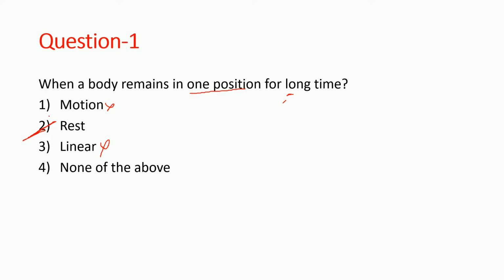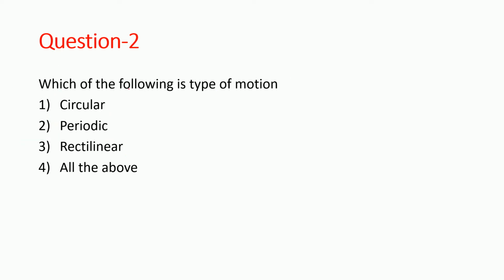Next question, which of the following is a type of motion? Circular motion is one of the types of motion, and periodic is also a type of motion, and rectilinear is also a type of motion.